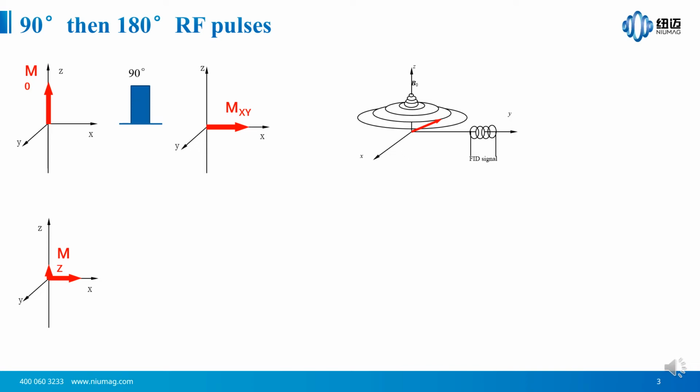If a short period of time passes, let's say 5 milliseconds, the magnetization vector will recover from zero. After 5 milliseconds, the longitudinal magnetization vector is partially recovered, but very little is recovered.